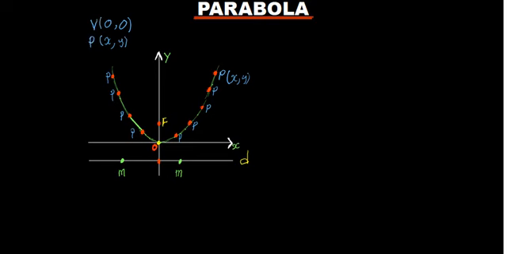Okay, so for us to come up with the equation that we are looking for, we also have to understand that when, let's say, you put up a point which is m here, the distance between m to p and p to f is the same.